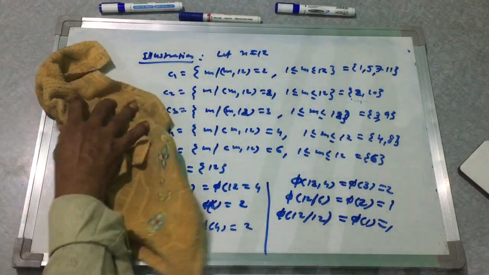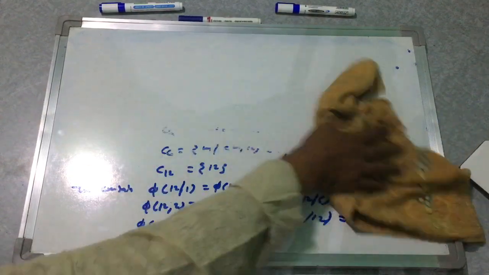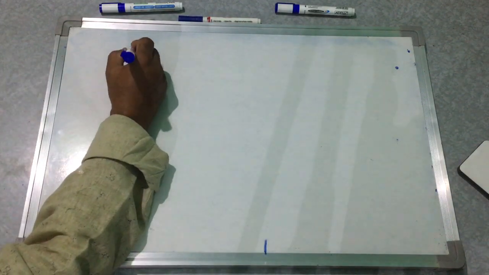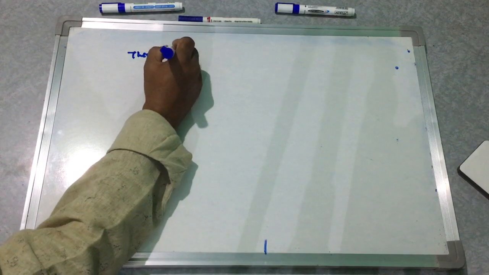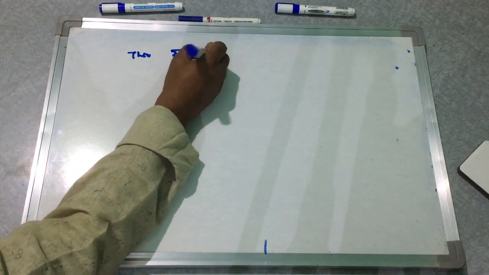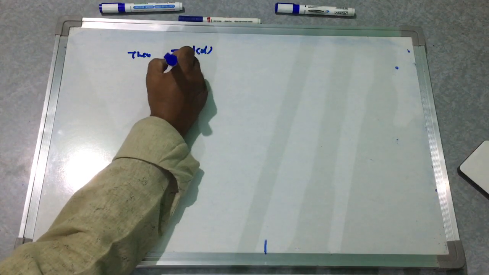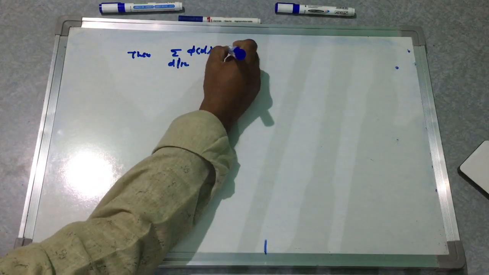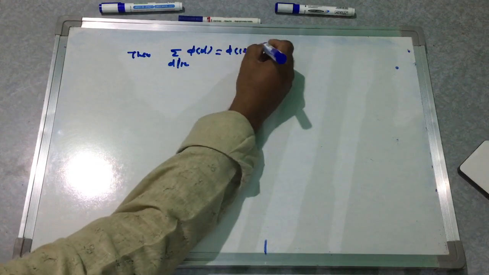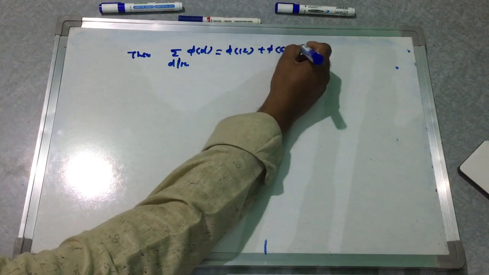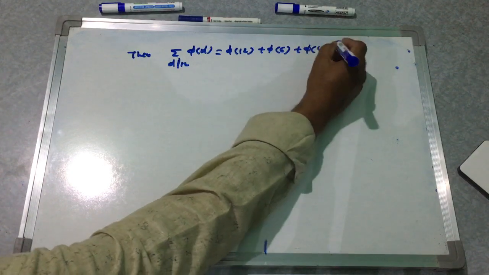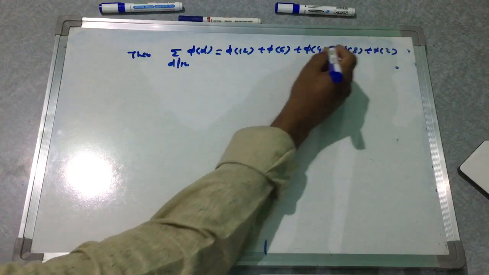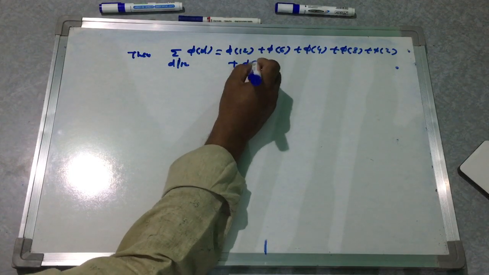So in this manner we make the addition. Then the summation of phi of d over d dividing 12 is equal to phi of 12 plus phi of 6 plus phi of 4 plus phi of 3 plus phi of 2 plus phi of 1.